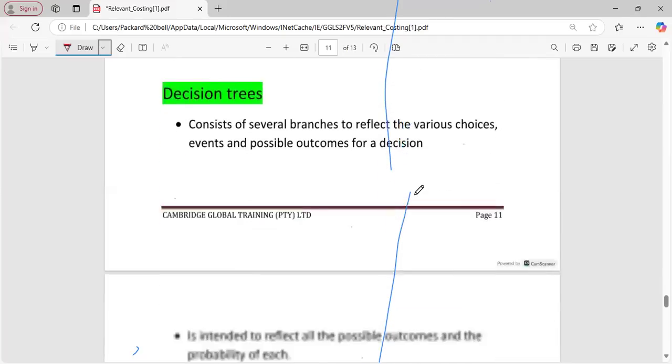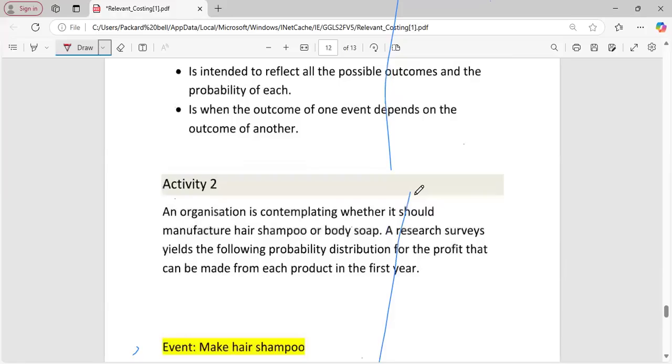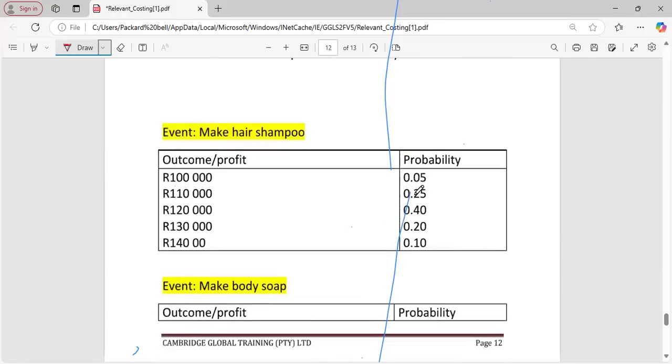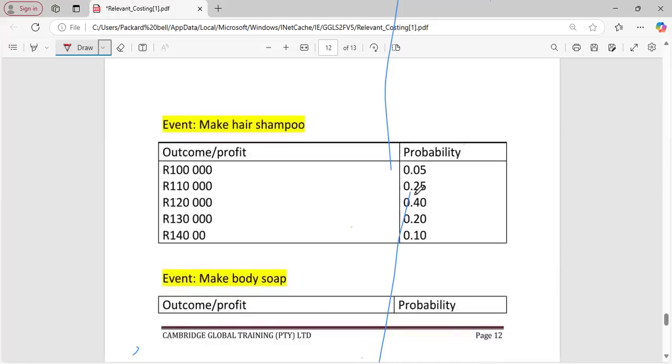When we talk of expected values, we're talking of something like this. We are not sure here, so we have a probability. The probability of making 100,000 is 0.05. The probability of making 110 is 0.25. These are what we think we can make, with the probability of making that.